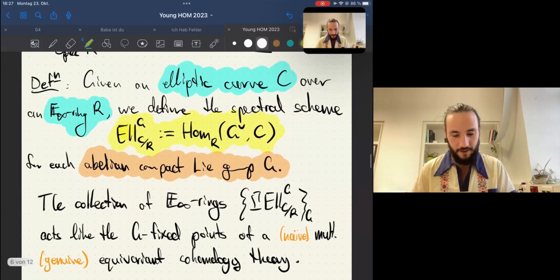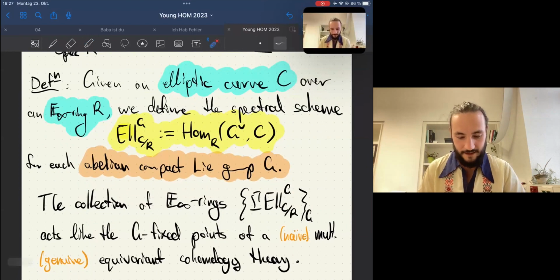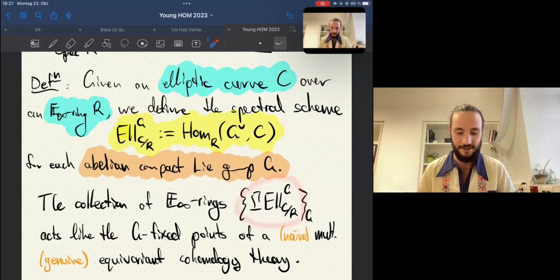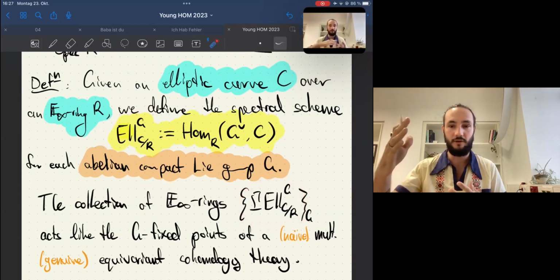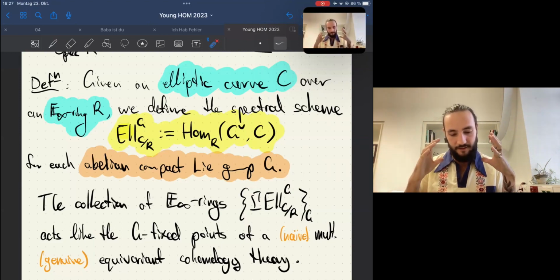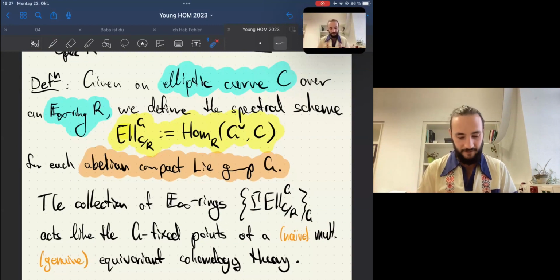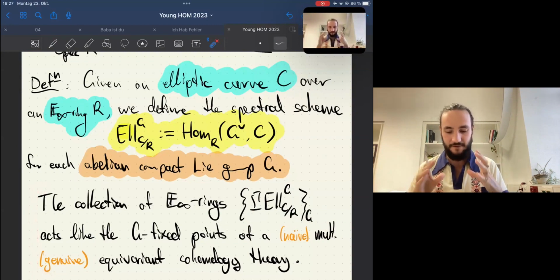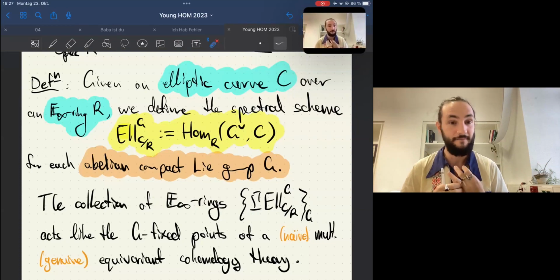Okay, and you want to think about this collection of group schemes, or more accurately, maybe its collection of global sections as G varies over all compact abelian Lie groups, as this collection of E-infinity rings, as I've written here, it acts like the G fixed points of a multiplicative equivariant cohomology theory.